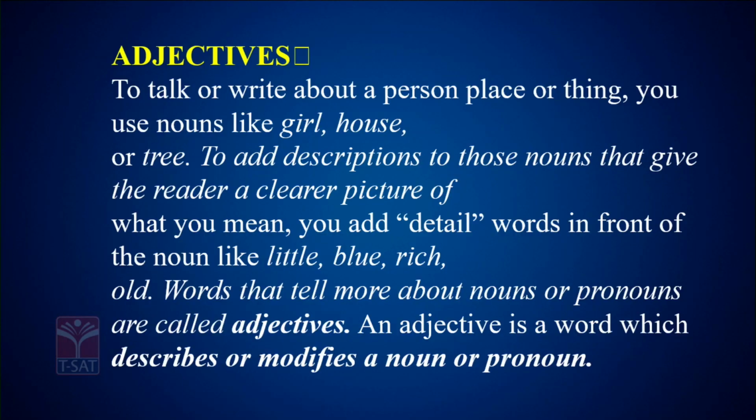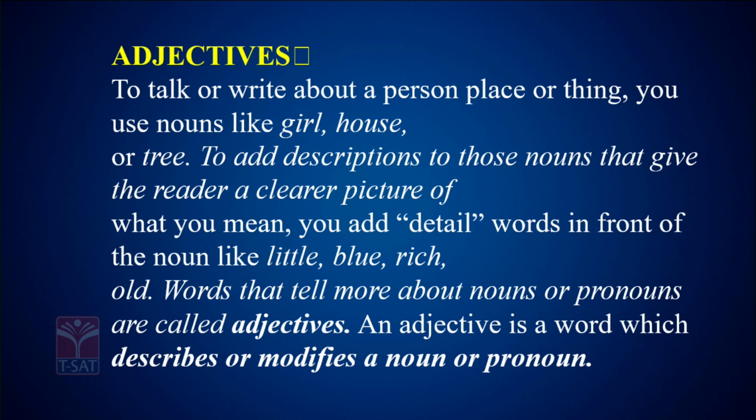Because to talk or write about a person, place or thing, generally we use nouns like girls, houses or tree. But in order to explain in detail about these words, we need detailed words in front of these nouns, like little girl, blue house, something like this.